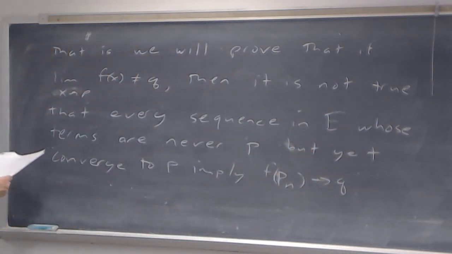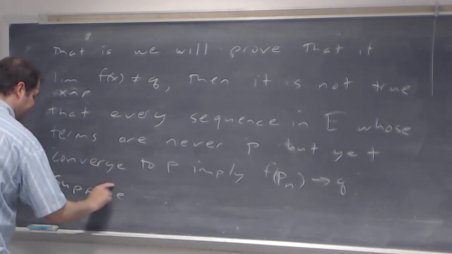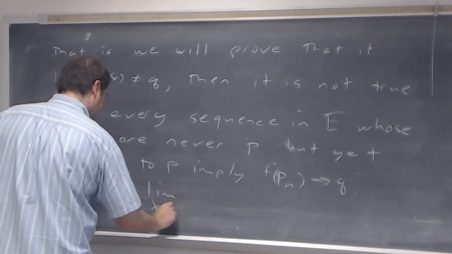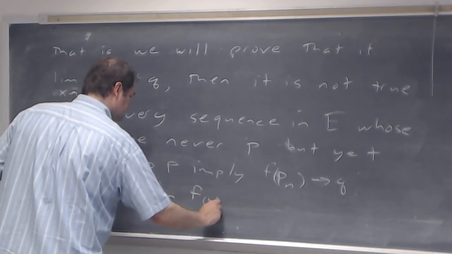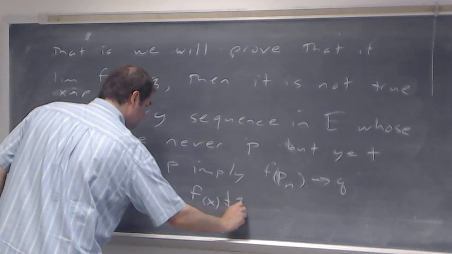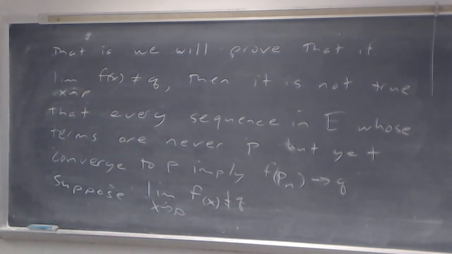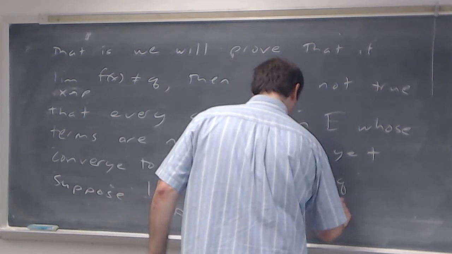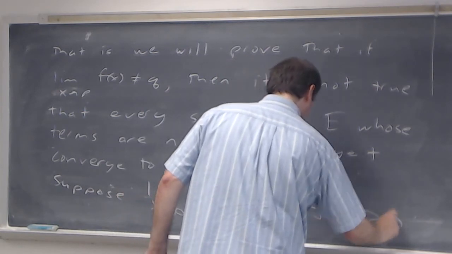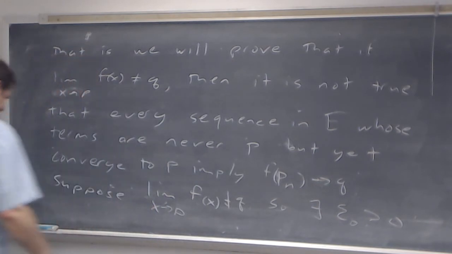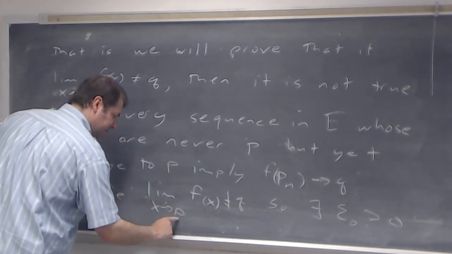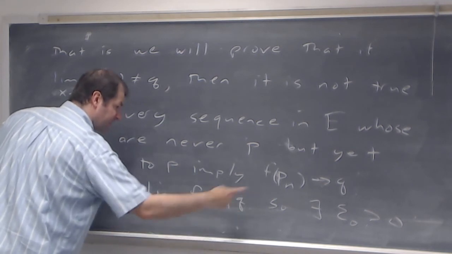Okay, so let's go ahead and start on that task by supposing that the limit as x goes to p of f of x is different than q. What does that mean? Well, that means there exists an epsilon naught greater than 0. Remember, for the definition of the limit as x goes to p of f of x equal to q, it means for every epsilon.